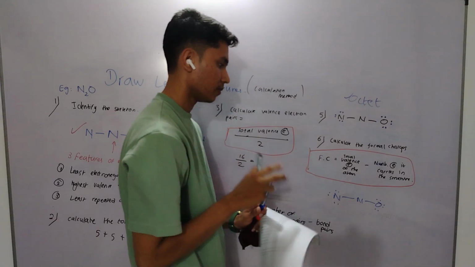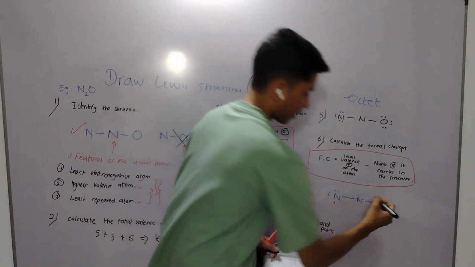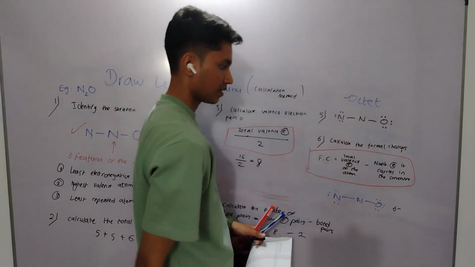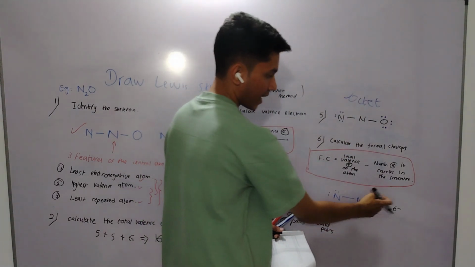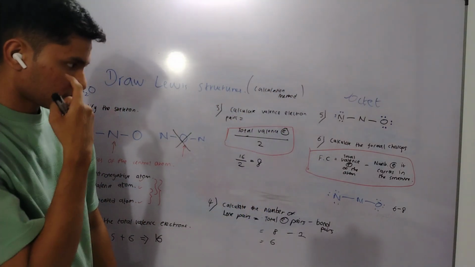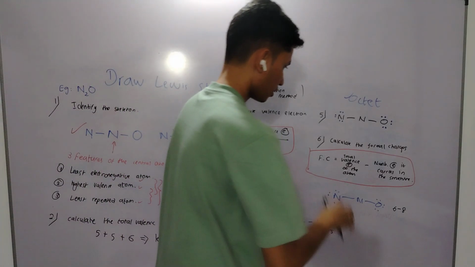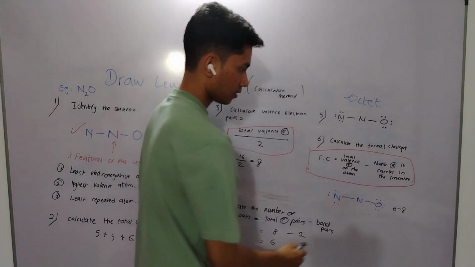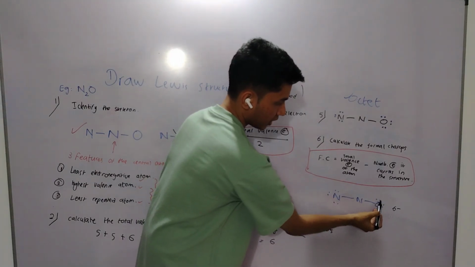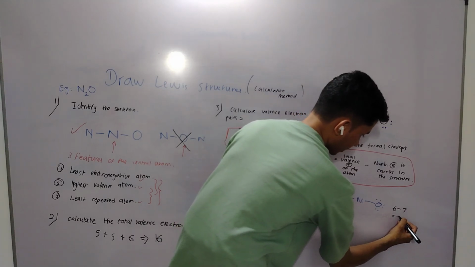Now this is the structure of NNO. Total valence electrons of oxygen is 6, minus the number of electrons it carries, which is around 7: 1, 2, 3, 4, 5, 6, 7. 6 minus 7 is equal to minus 1.